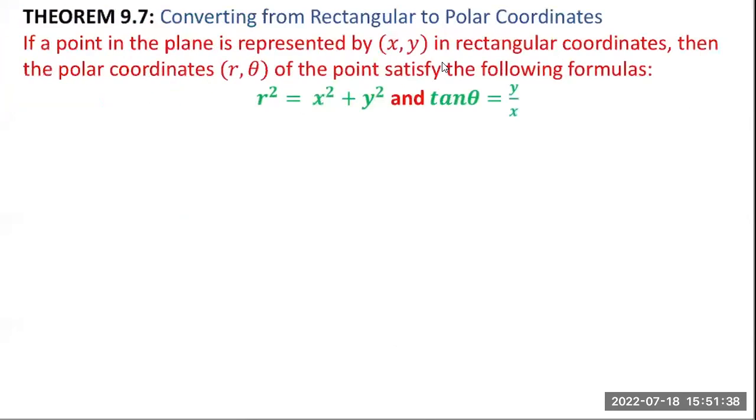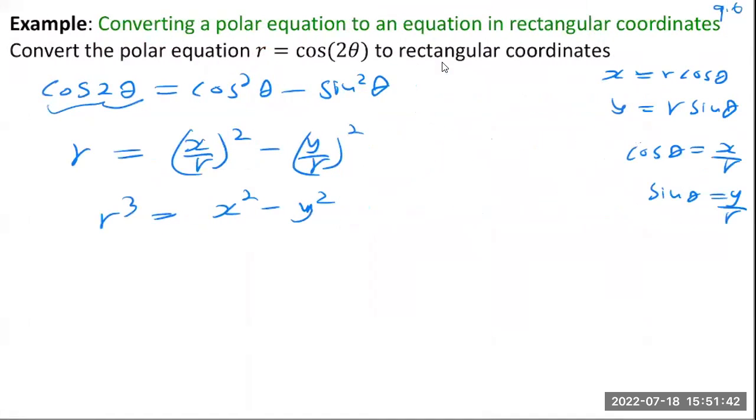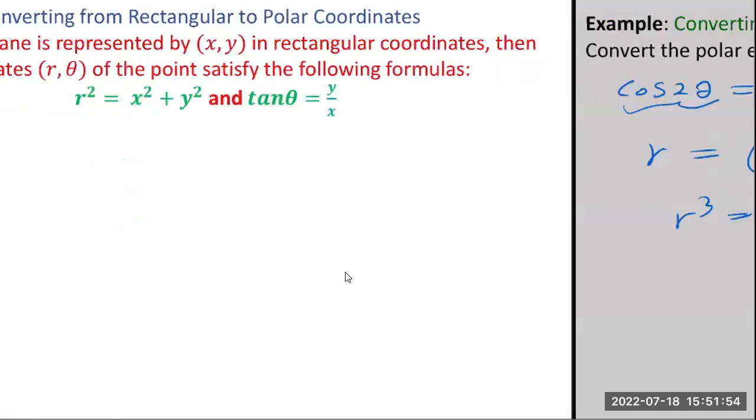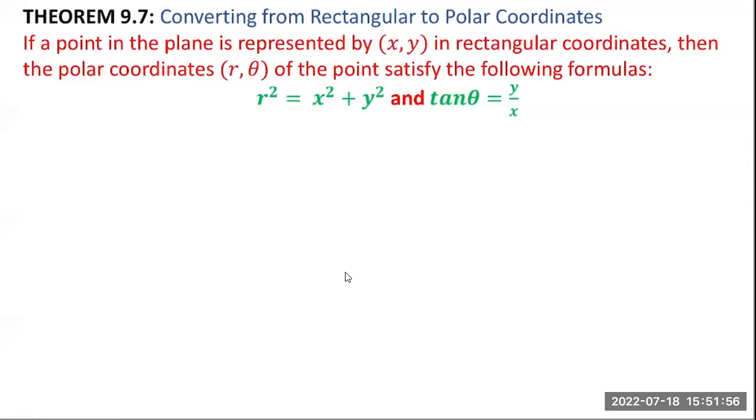But from the previous theorem, we know that r squared is exactly x squared plus y squared. But here we have r to the power 3. How do we tackle this now? Well, we can find r from the previous equation. r is going to be the square root of x squared plus y squared, plus or minus.